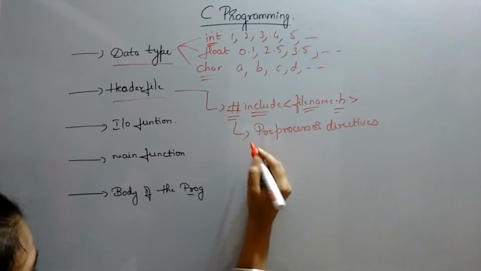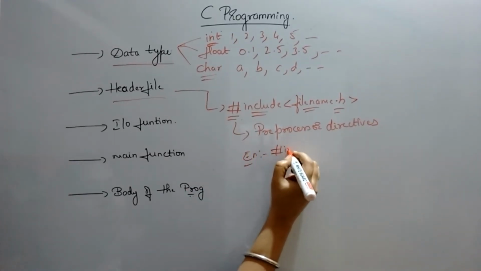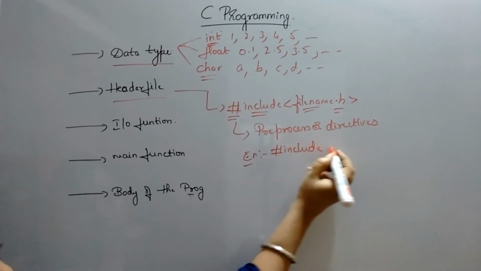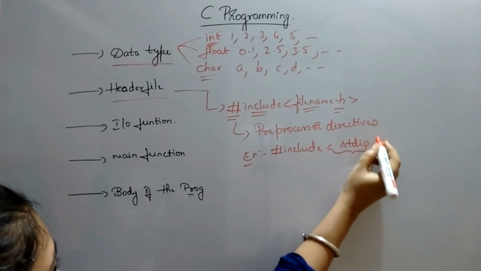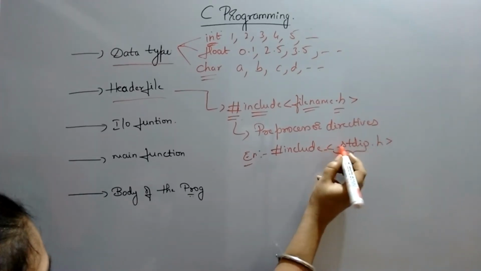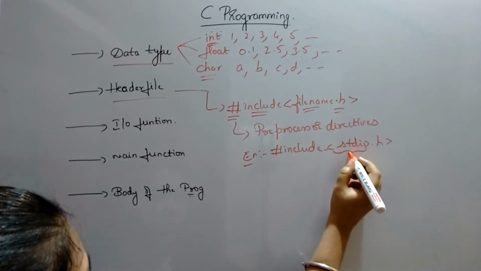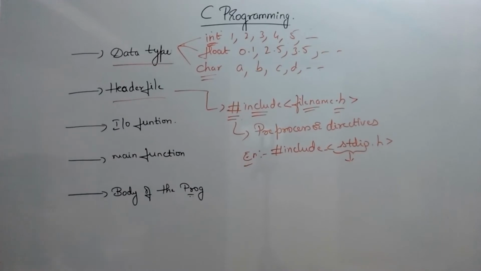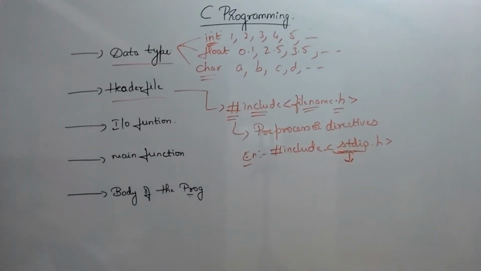For example, see, hash include, this is the file name, that is stdio.h. Should not leave any spaces here. Fine. This is standard input output .h, which means this file contains the declaration of input and output operations.